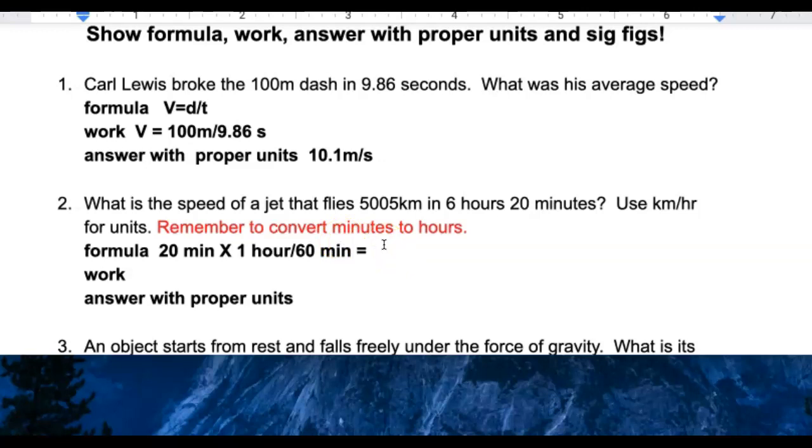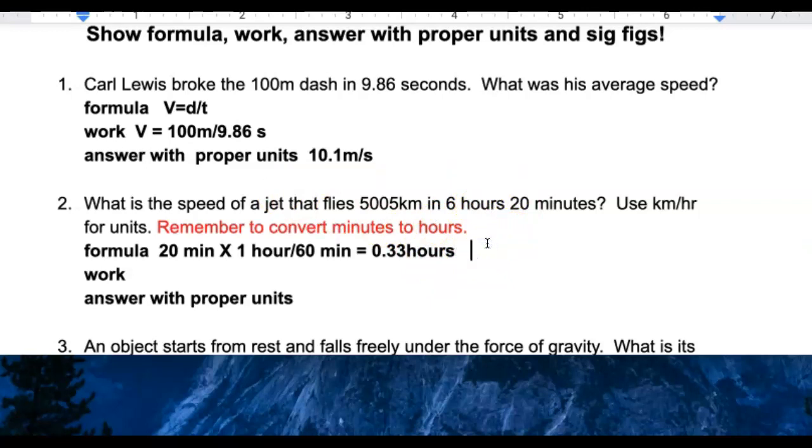So if I take 20 divided by 60, I get 0.33 hours. Okay? Again, my minutes and my hour can have enough sig figs. I could go 20.0, 60.0, because those are like universal numbers to convert for hours. So we're going to have 2 sig figs. We're not going to do 10.33333, whatever. That gets me my time to go with the 6 hours.